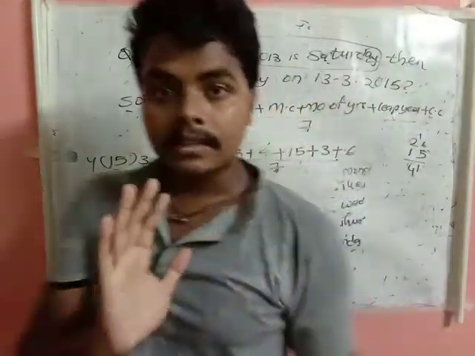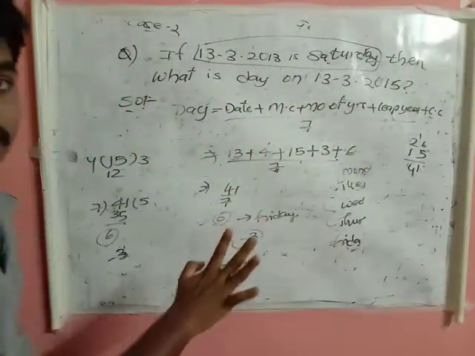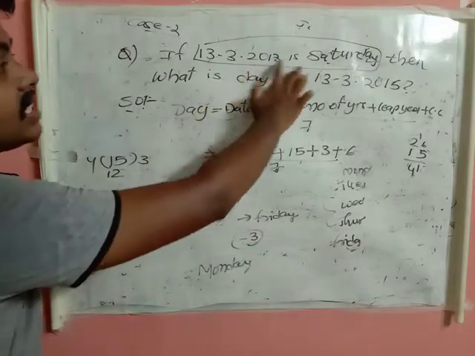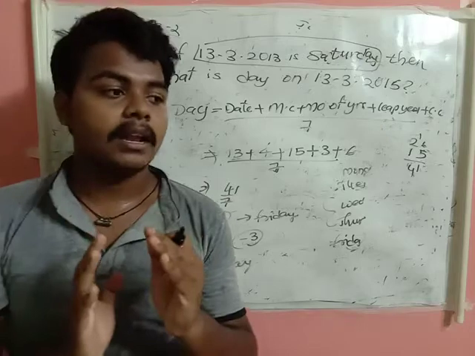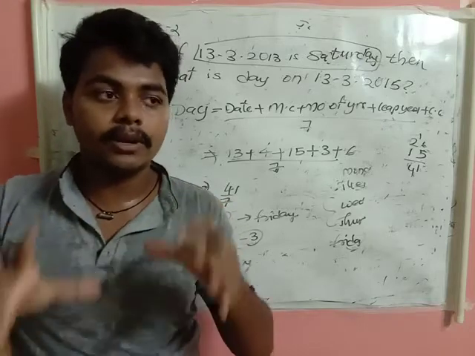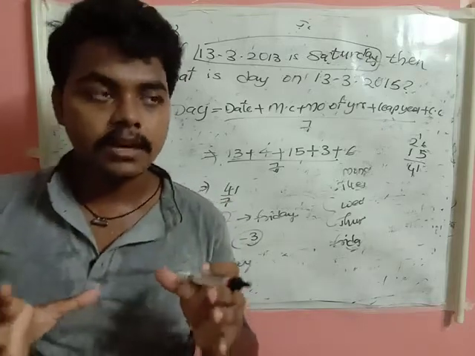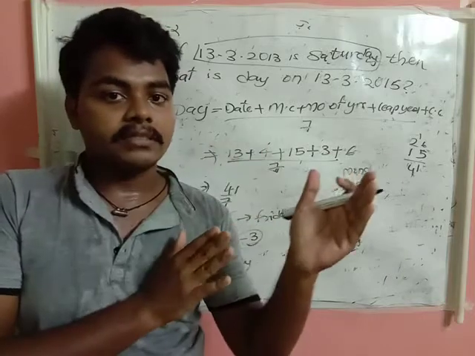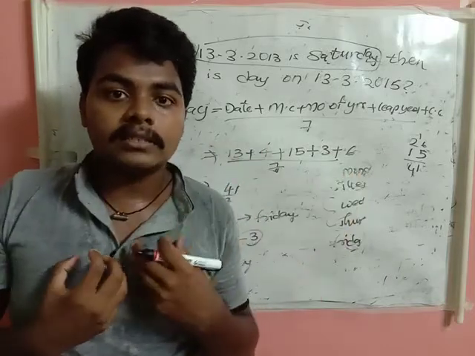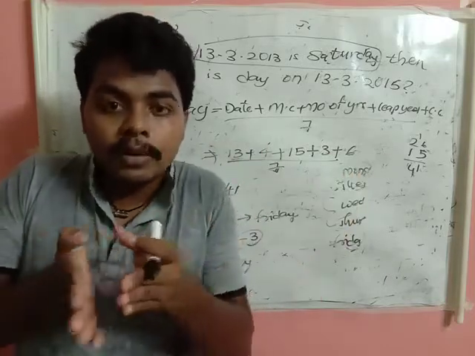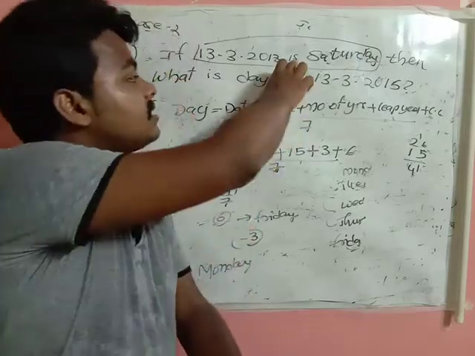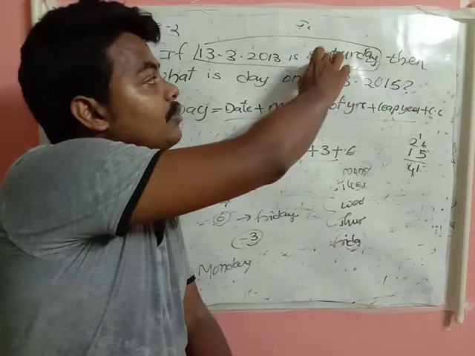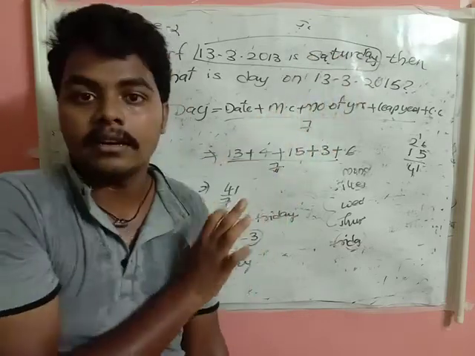See friends, 13th March 2015 is Friday itself, but the given reference day is Saturday. What is meant by reference? Like when we do a project in semester exams, they give a reference that helps us go in a particular path. In the same way, it is referring us.